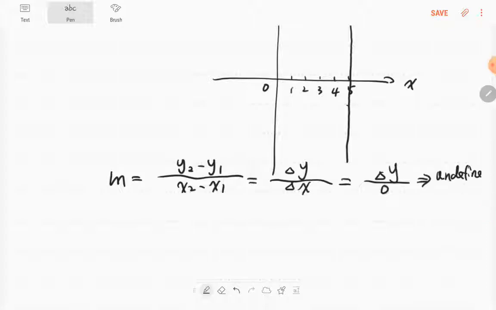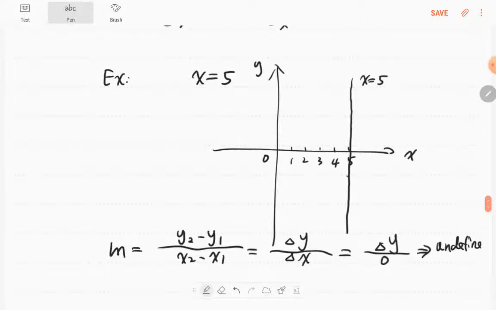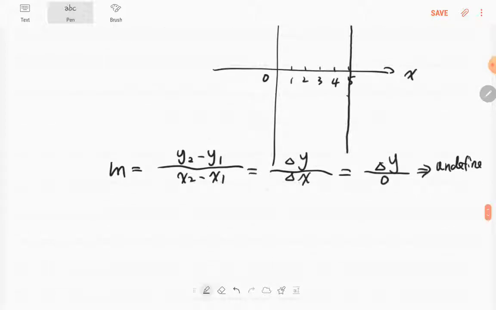X equals a fixed number, then that will be a vertical line parallel to the y-axis. For any vertical line, the slope is undefined. We already talked about the reason: there's no change in x.